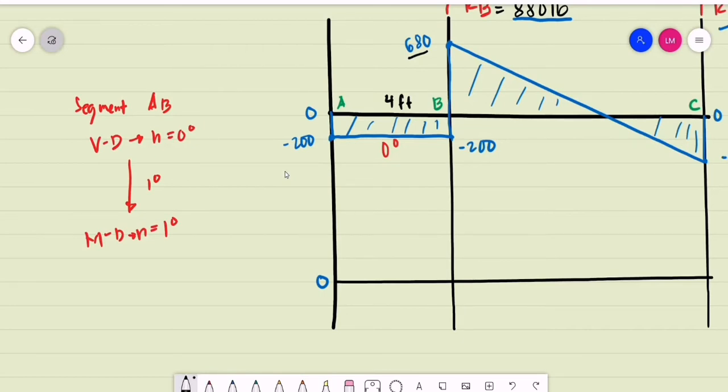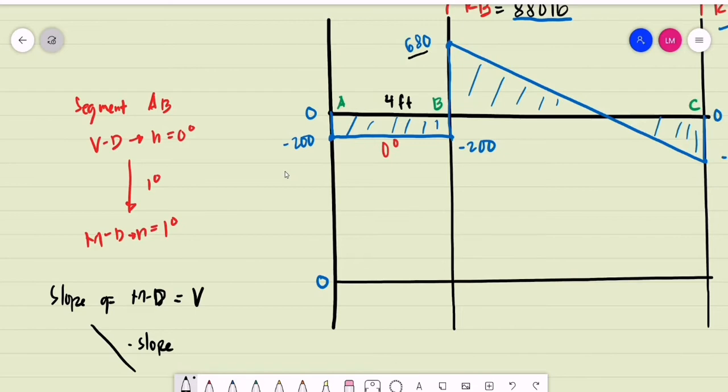So again, the slope of our moment diagram is equal to the magnitude of the shear. If it is negative 200, that is a line going downward to the right, a negative slope.